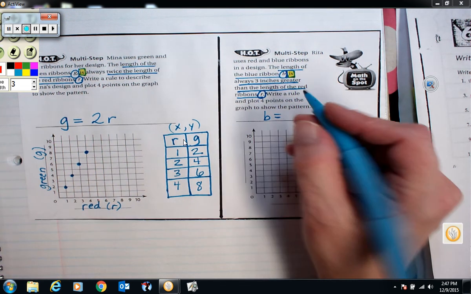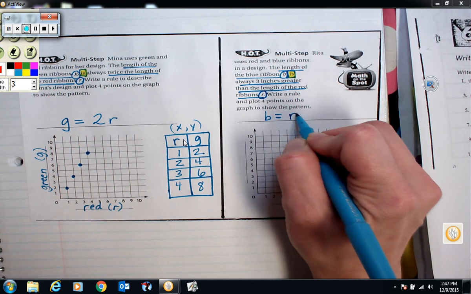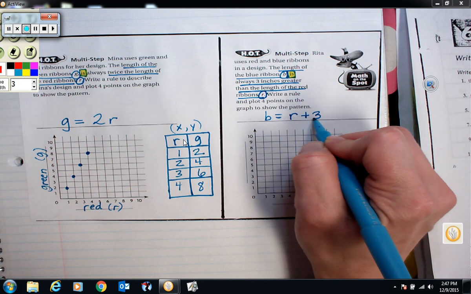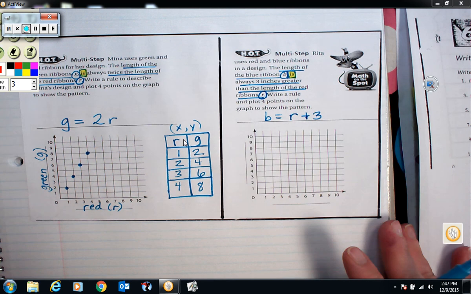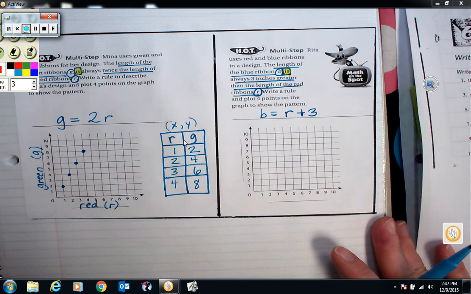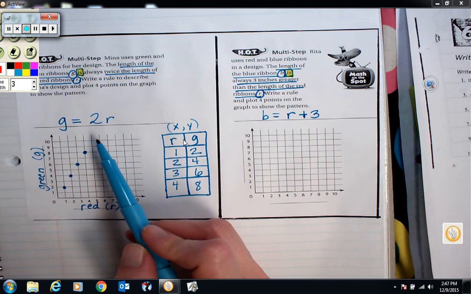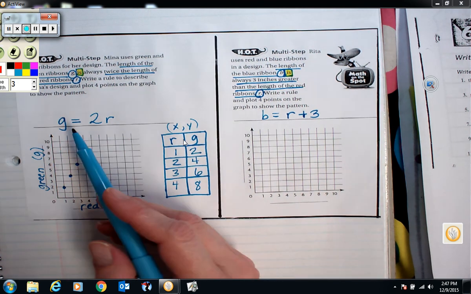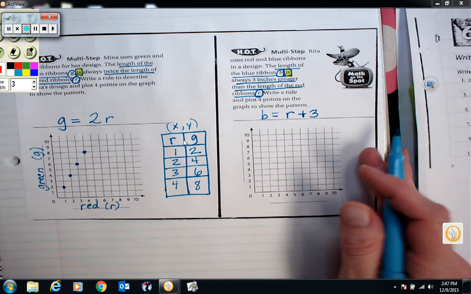So I'm going to start with B equals R, and if I add 3 to that, that's going to equal the value of B. So here I had a multiplicative pattern, and now I have an additive pattern.